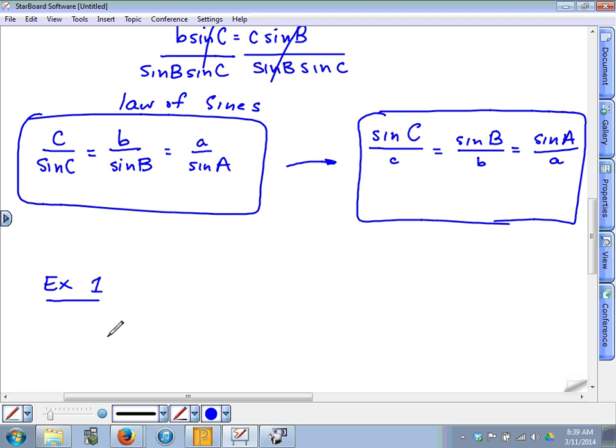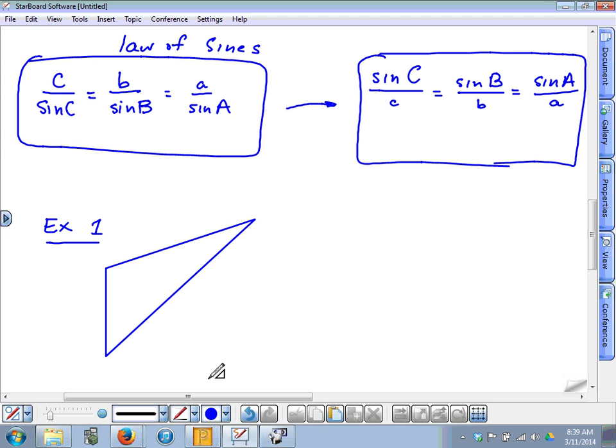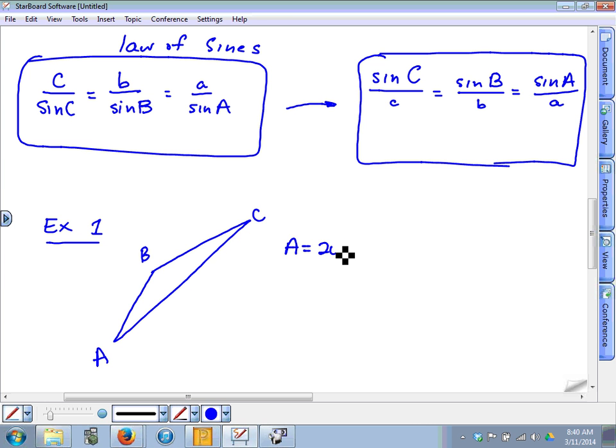So here's an example. Label the vertices A, B, and C. Angle A is 20 degrees.